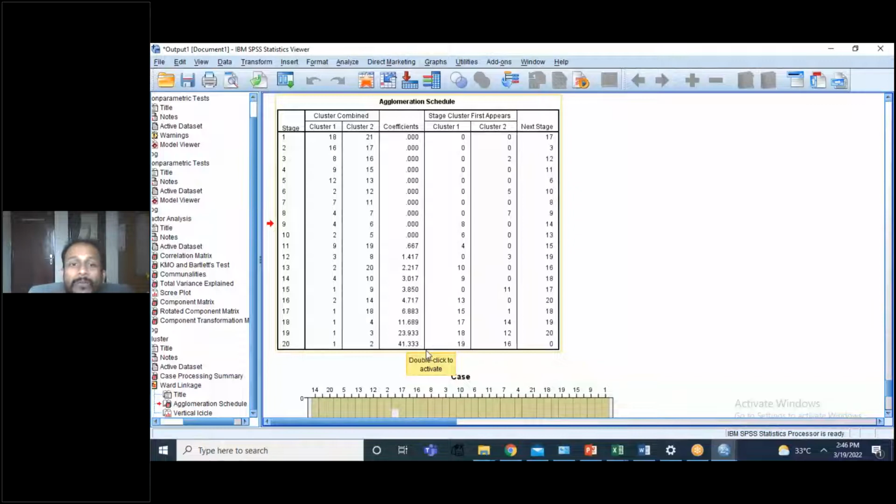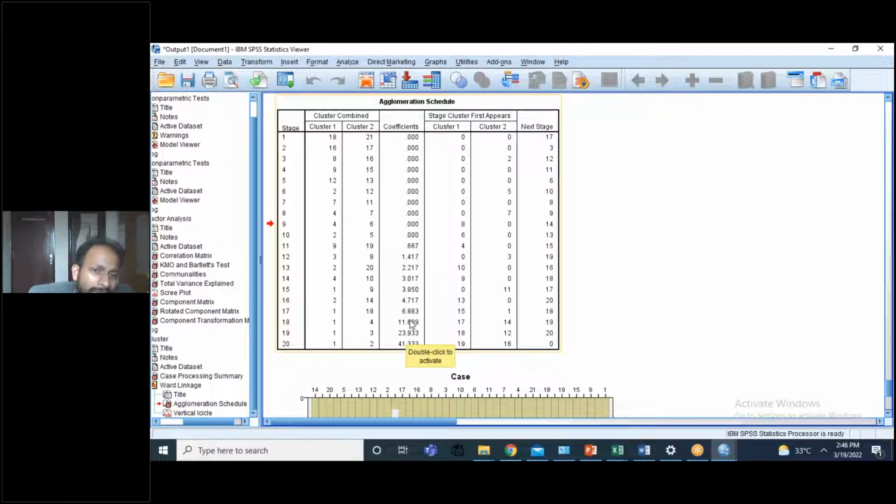What is this 41.33? This is the last one. If you look at the one above, that is the 19th one, it is 23.9. That means the coefficient has reduced from 41 to 23, approximately a reduction of 18 points.